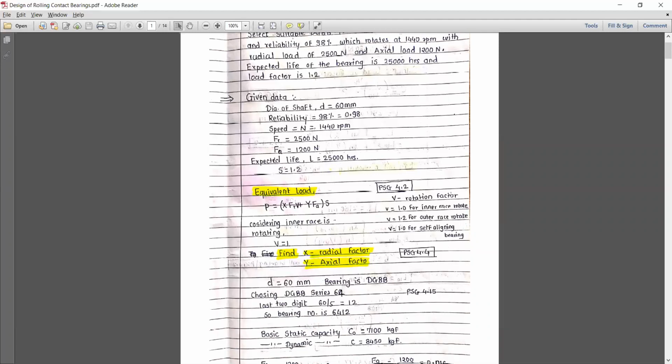To find out the last two digits of series number 64, diameter divided by 5, so it is 12. So I get the bearing number 6412. Okay, so I have got that number.